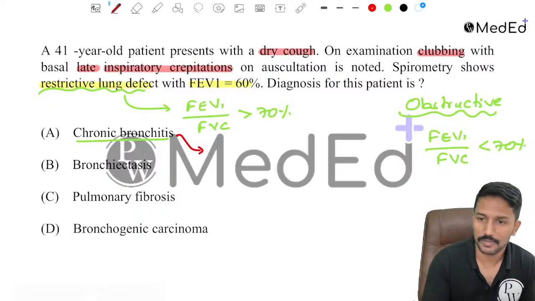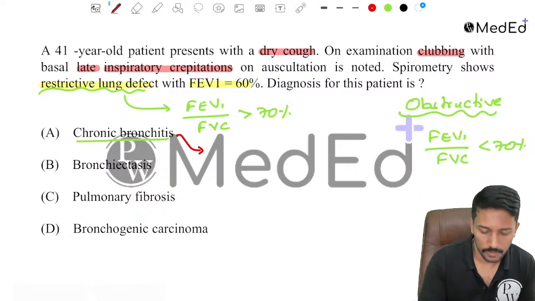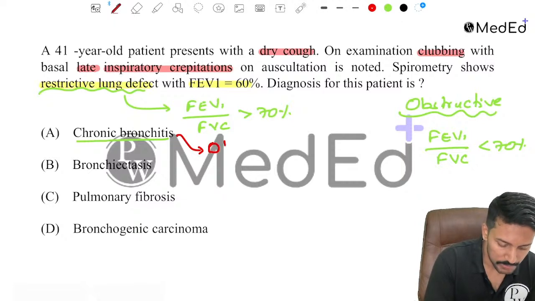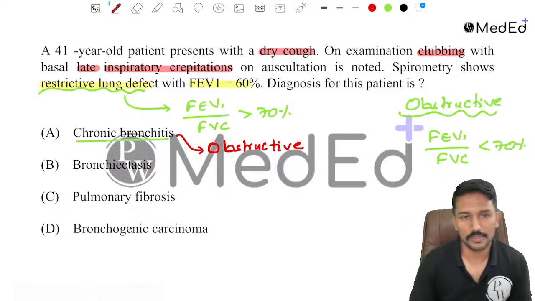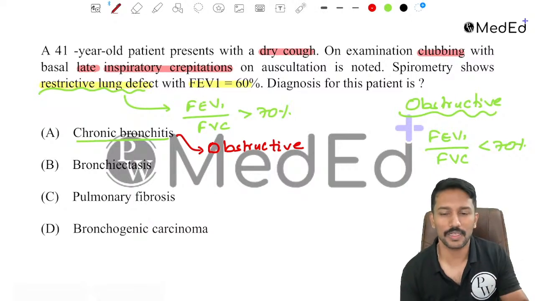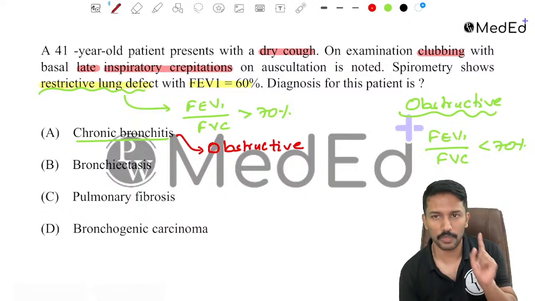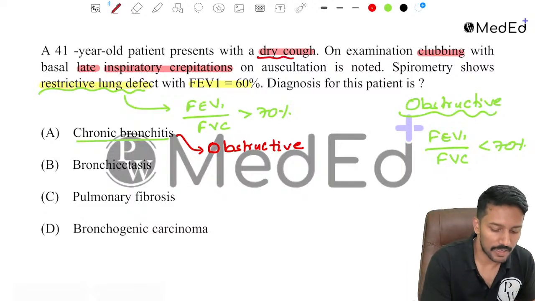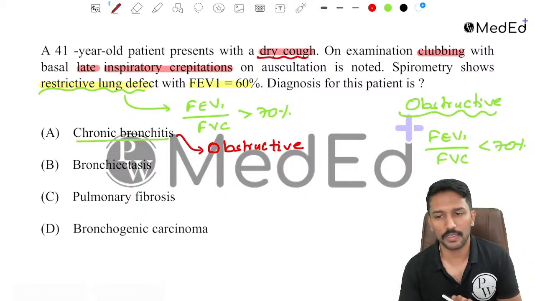Now, chronic bronchitis, is it an obstructive lung disease or restrictive? Chronic bronchitis is an obstructive lung disease. So that is one point which goes against option A as the answer. There is one more point. What is that? Dry cough. Now, how do you define chronic bronchitis?